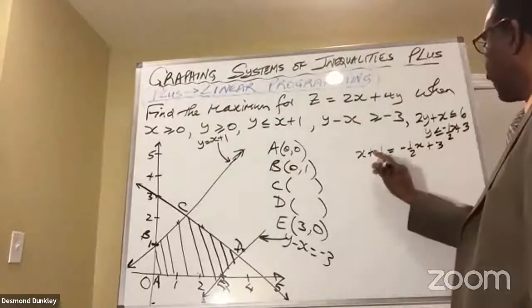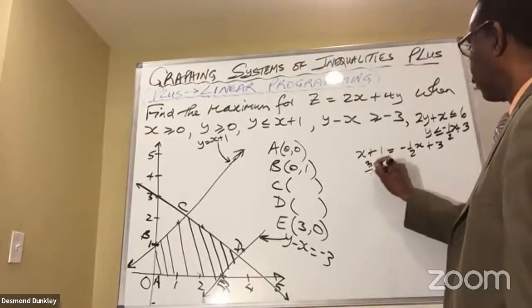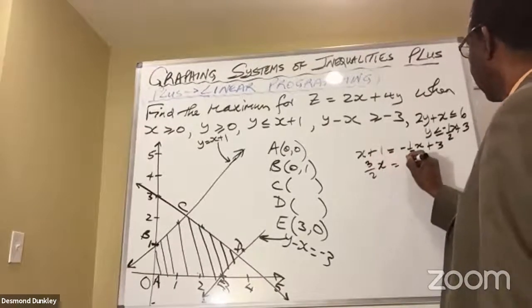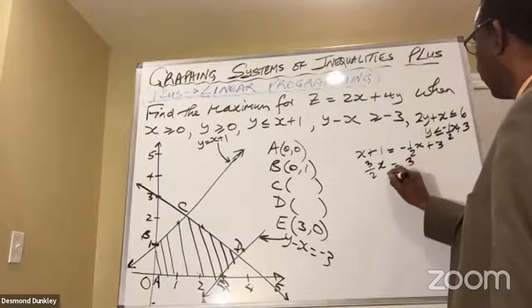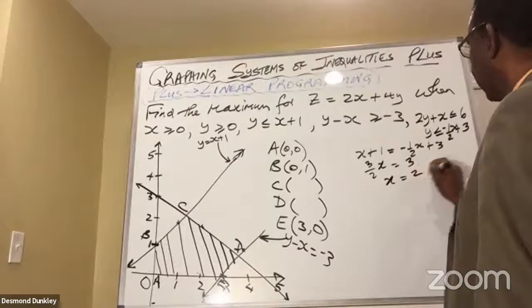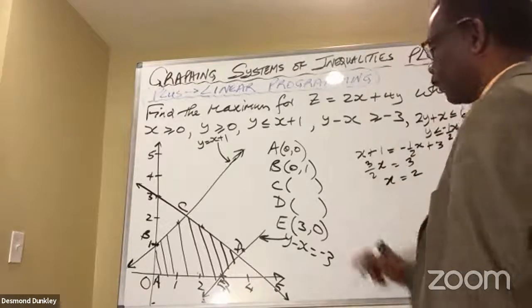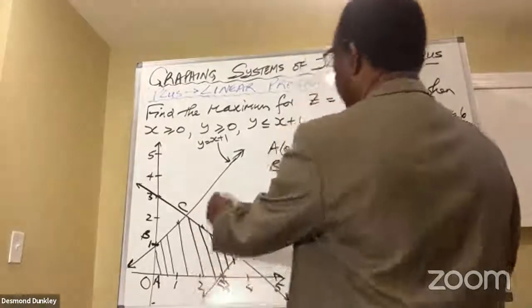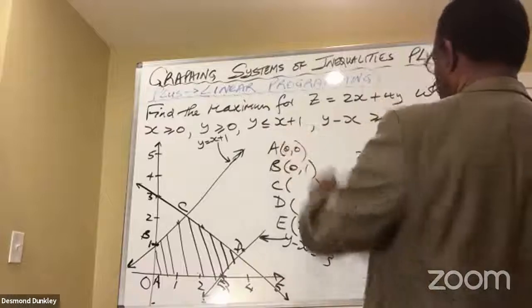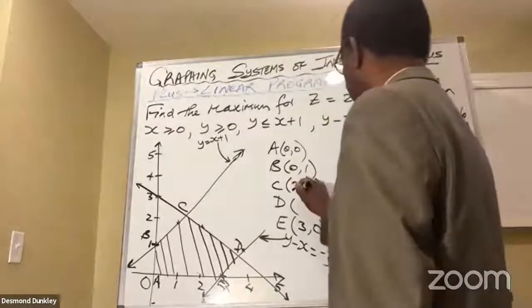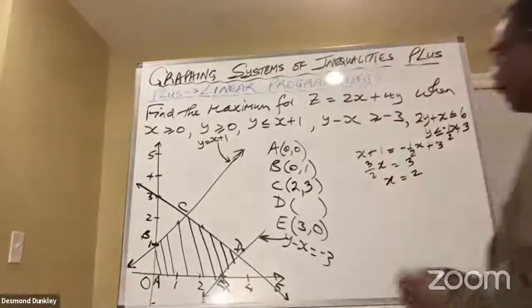So add this to this side, we end up with 3 over 2x equal to 3. Therefore, x is equal to 2. If x is 2, y is going to be 2 plus 1, which is 3. So this one is going to be 2, 3.